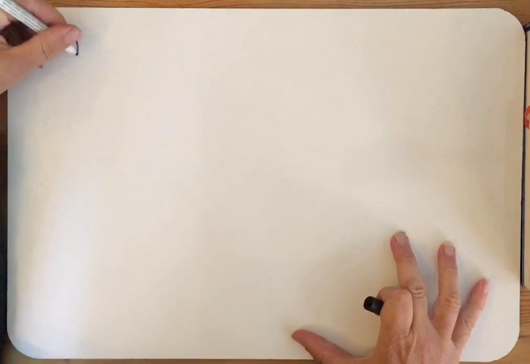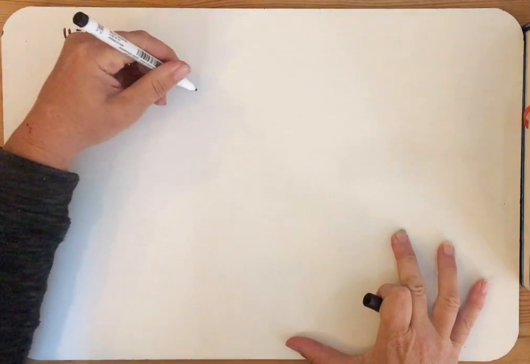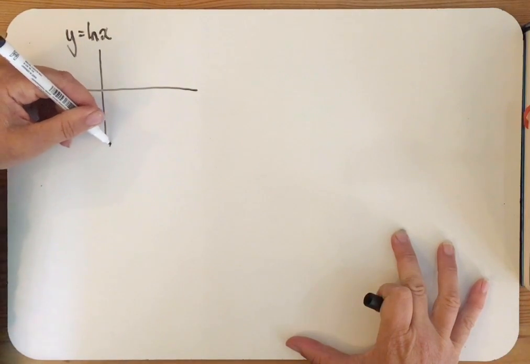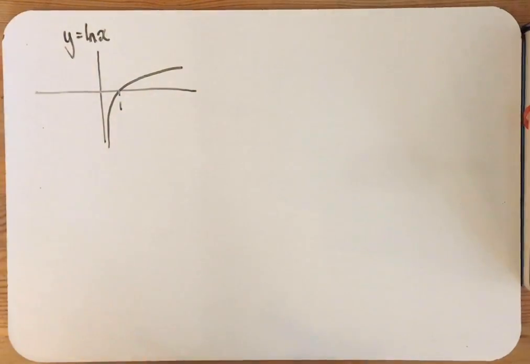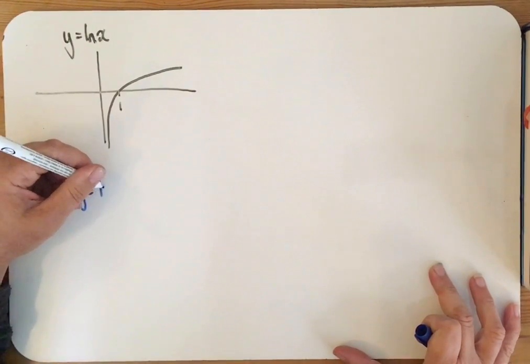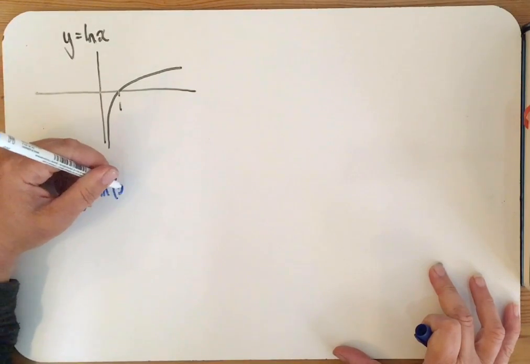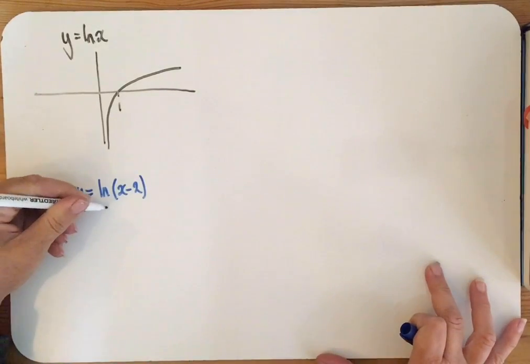So just a little bit on sketching. So y equals ln x. We've got an asymptote there, and it comes up like this. If you want to sketch instead y equals ln of x minus 2, again you can use your transformations.